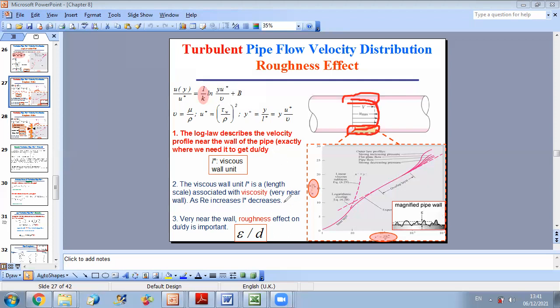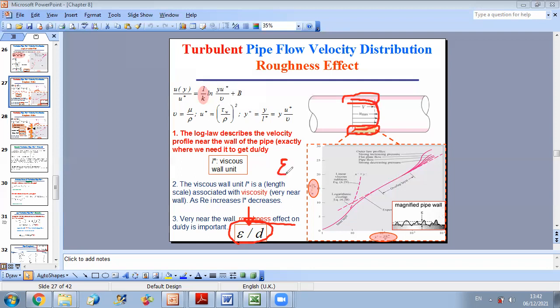We have also shown experimentally that roughness has an effect on the velocity profile. So if you vary the roughness of your pipe, the velocity profile will be affected. In order to include this parameter, the previous analysis should be extended, because we did the analysis for smooth pipes before. To include the roughness effect, you should add to your variables epsilon, which is the roughness.